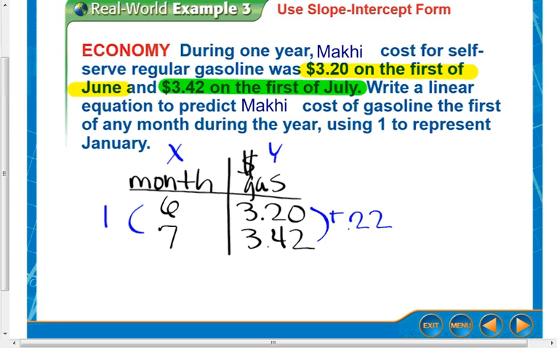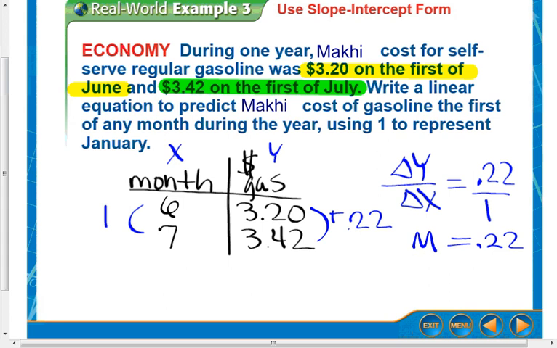So which one goes up on top? Good. It's always the change in y over the change in x. So we're going to end up with 0.22 over 1, which is the same as 0.22.